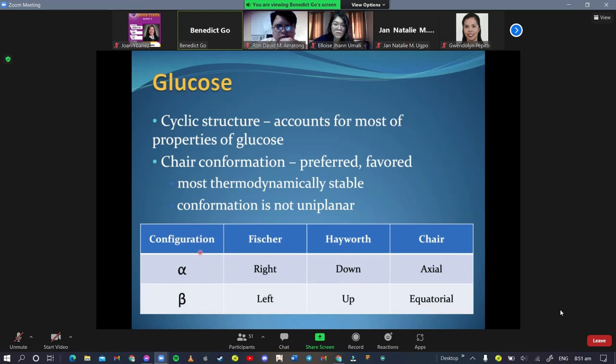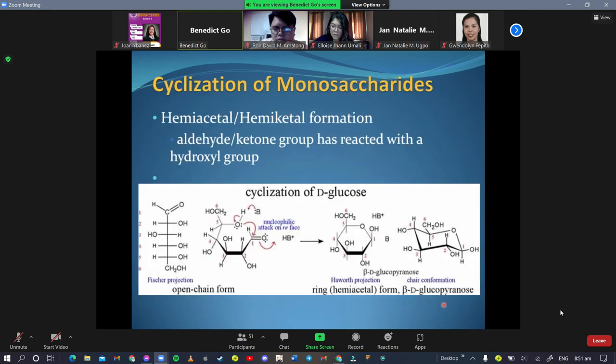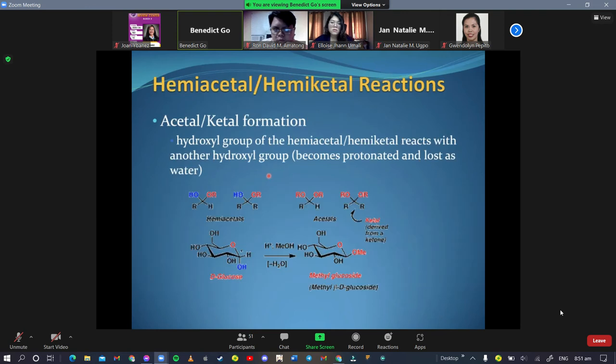So these are the various configurations: Fischer, Haworth, and chair. And alpha and beta in Fischer is designated as right and left. In the Haworth, alpha is down, beta is up. And in the chair, alpha is axial and beta is equatorial. Okay, we already saw that earlier.